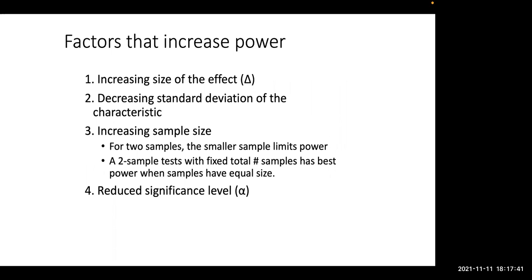This also goes hand in hand with the third point, where you increase the sample size, since smaller sample sizes limit the power. And for two-sample tests, you would assume the best power if there's equal variability and the sample sizes are equal. And you have a reduced significance level, which essentially will also allow you to make assumptions in a more robust, more powerful way.